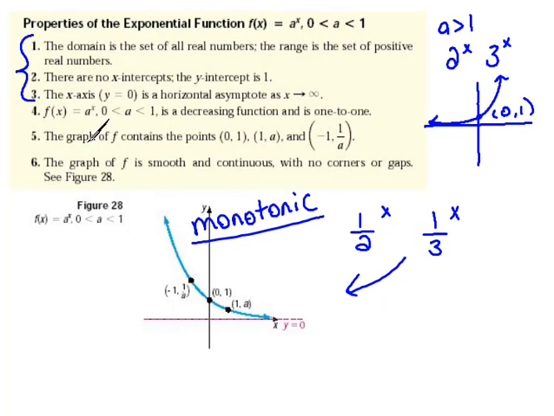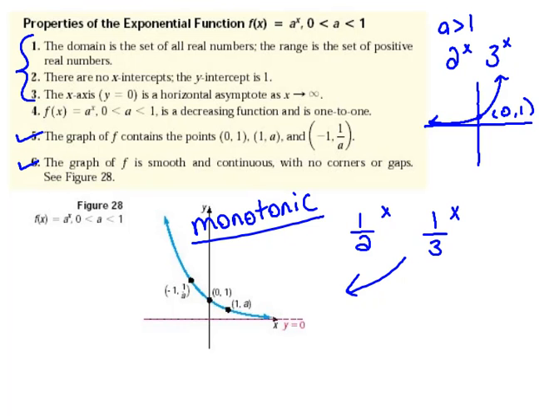Okay, number 5 says the graph of f contains the points (0, 1), (1, a), and (-1, 1/a). This is exactly the same as it was for our bases bigger than 1 also. So far, 1, 2, 3, and 5 are the exact same no matter what your base is, the same properties. And number 6 is also the same.